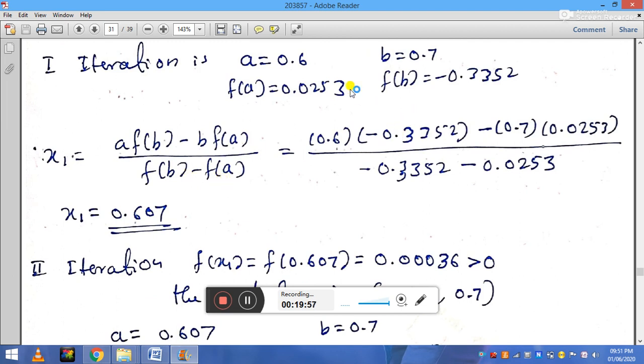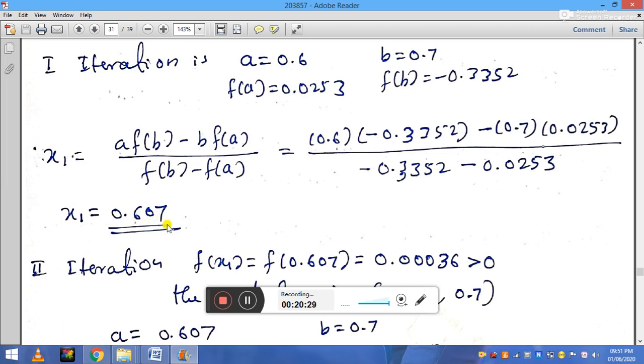Then put the a value 0.6, f of b value minus 0.3352, minus b value 0.7, f of a value 0.0253, divided by f of b minus 0.3352 minus f of a value 0.0253. So on simplifying we get x1 is equal to 0.607. Up to 3 decimal places means after the point you write at least 3 digits.